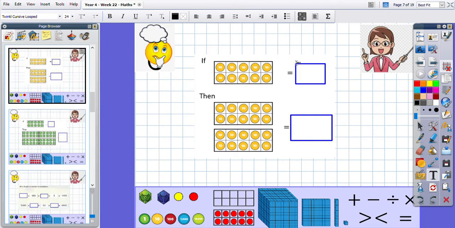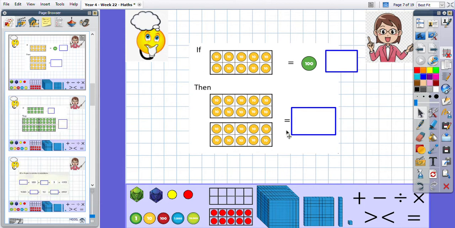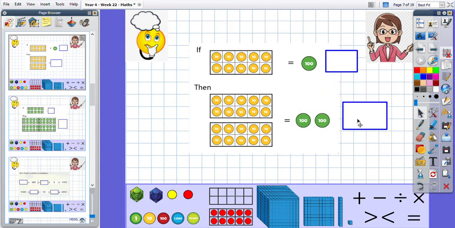Okay then, have a look at these place value counters. So if we've got 10 tens make 100, then what does this show here? Hopefully you said it shows 200.